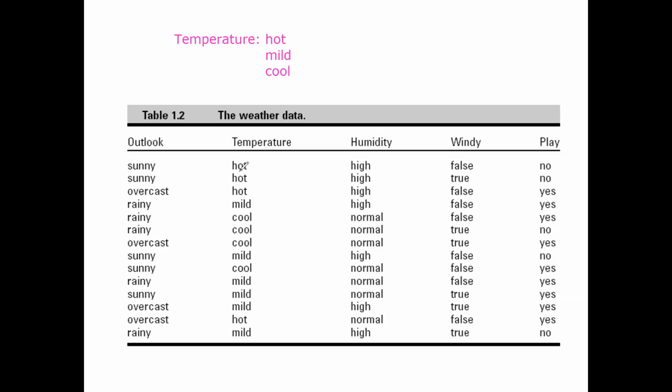So for hot, for example, we have no, no, hot again, no, hot again, yes. If you go down here, we have one hot here, that is yes. So no, no, yes, yes. That is what we have.